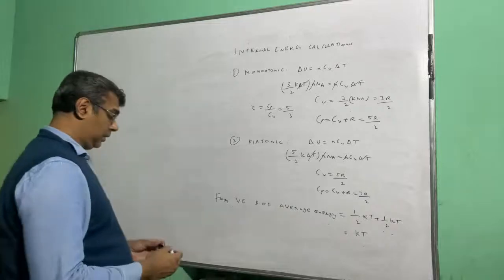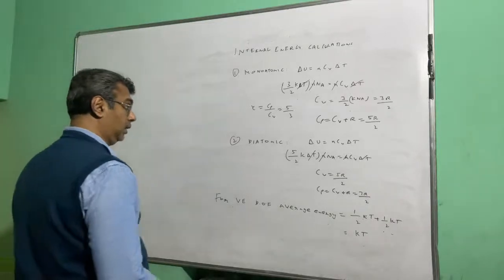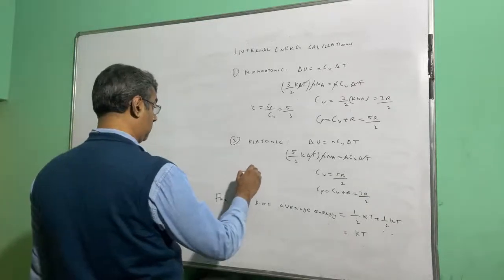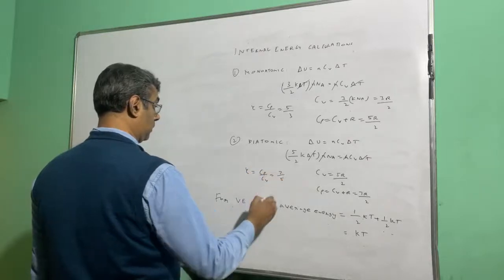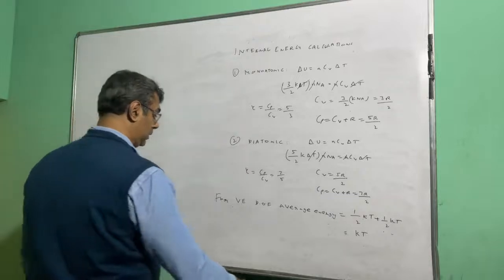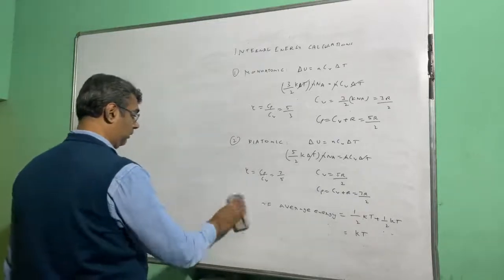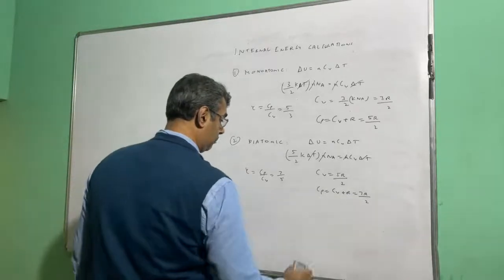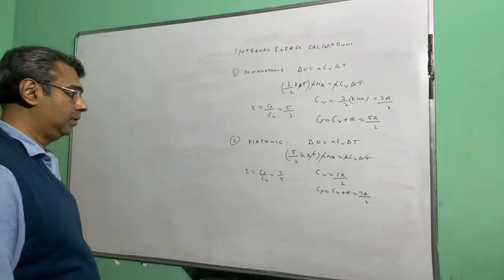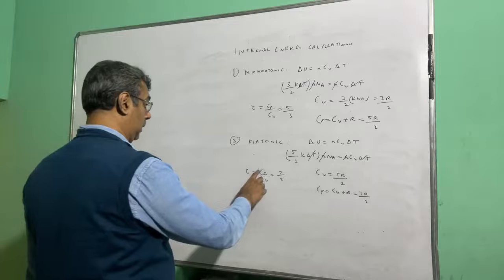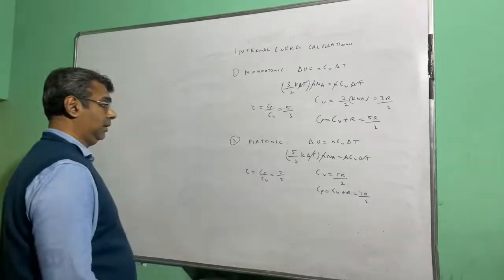And Cp will be Cv plus R, that is 7R by 2. So gamma will be Cp by Cv, that is 7 by 5. So Cv will be 5R by 2, Cp will be 7R by 2, and gamma will be Cp by Cv, that is 7 by 5.